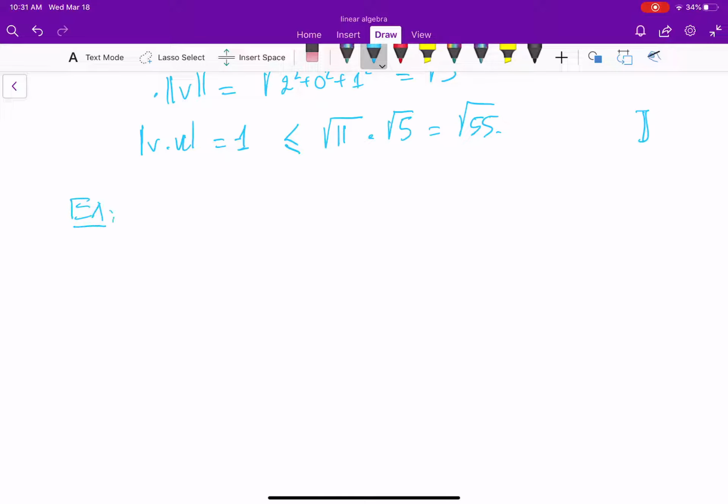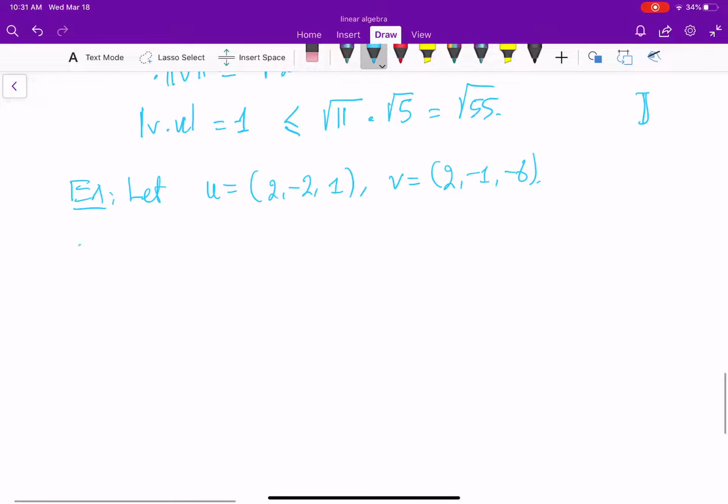Example. Okay, let u be 2, -2, and 1. And v is 2, -1, and -6. First, let's find the distance between u and v.